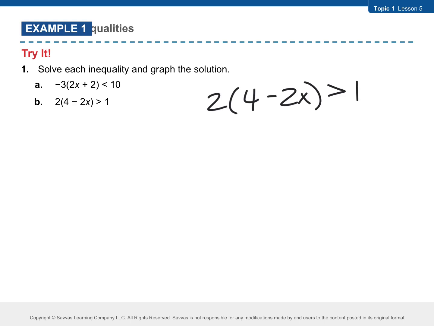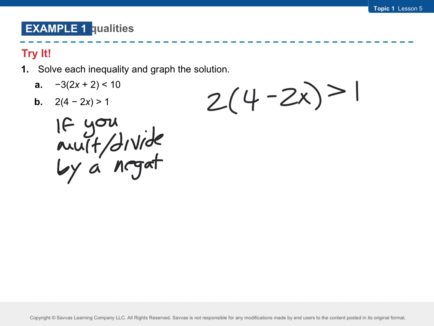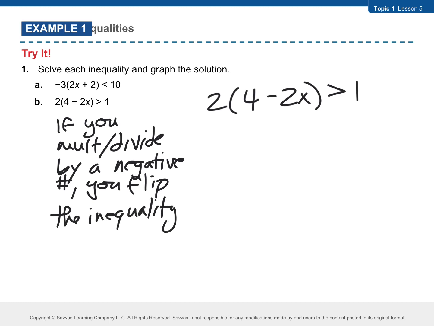The exception: if you multiply or divide by a negative number, you must flip the sign. That's the only rule. Otherwise, it's exactly like solving an equation.